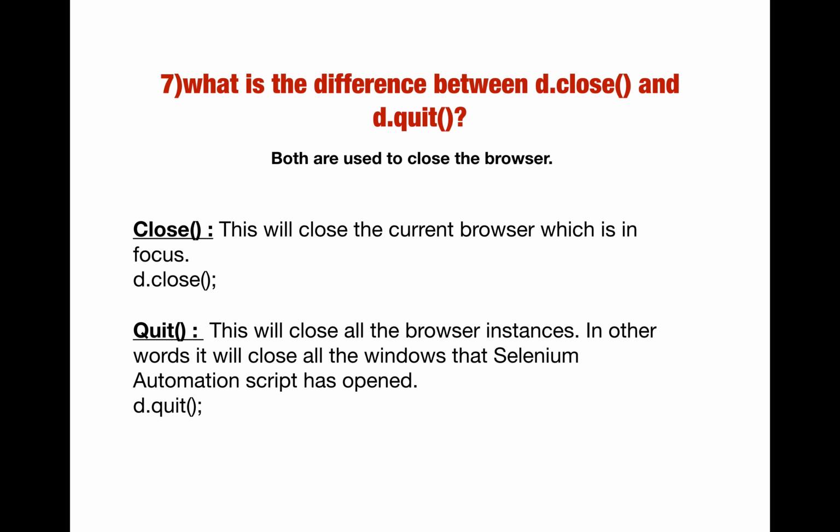Quit is different, because when you kick off your test suite, many tests may be running in parallel, and there might be many browsers open in the background that your Selenium automation script has opened. So driver.quit will close all the browser instances. There will be no open browser when you say driver.quit.